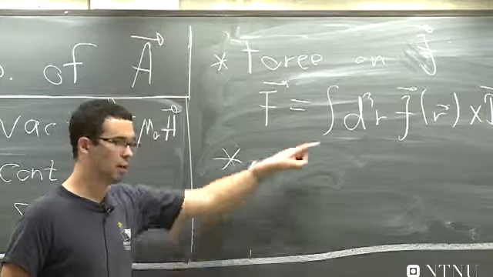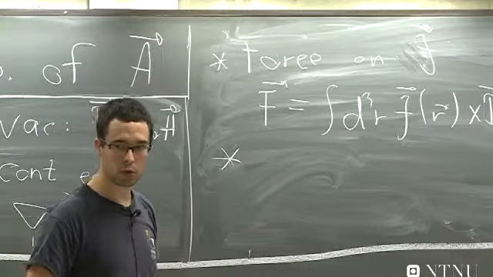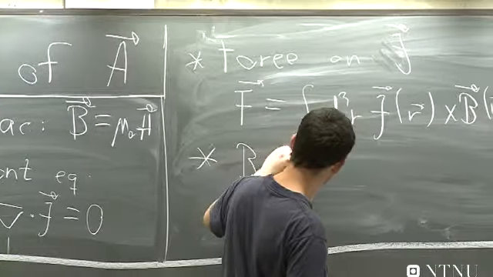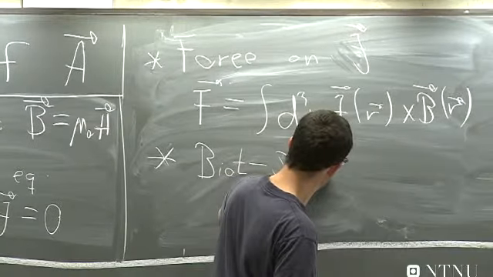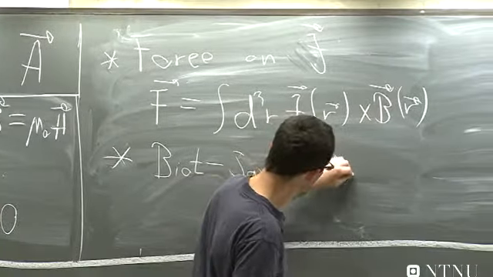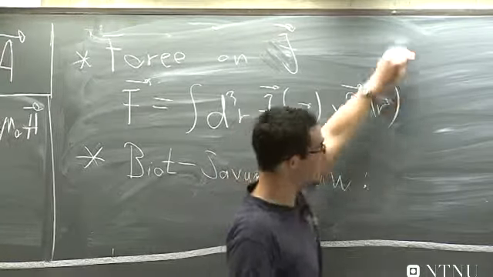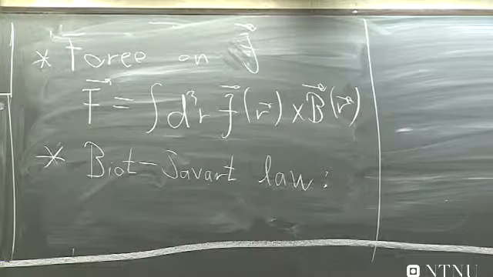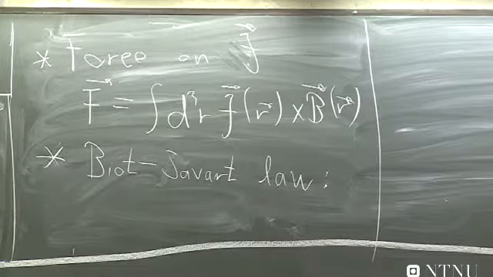Of course, I need to get the B in the first place, and I do that by the Biot-Savart law, which, as we remember, was an empirical measurement of how strong the magnetic force is for a certain current.